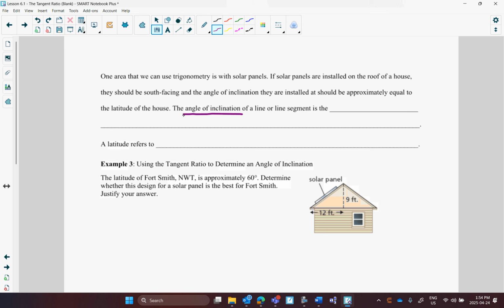It means the angle formed between a horizontal segment and a slanted segment.